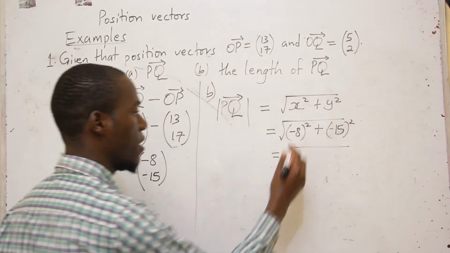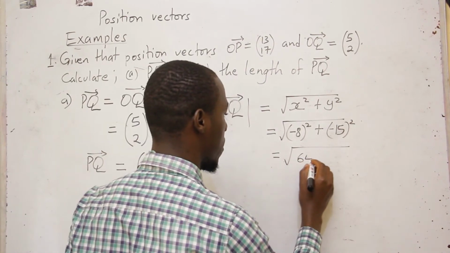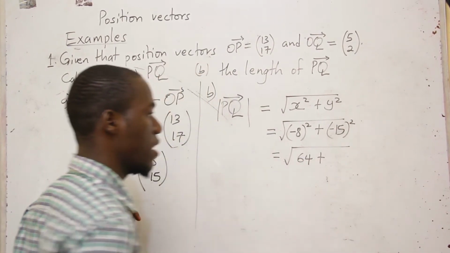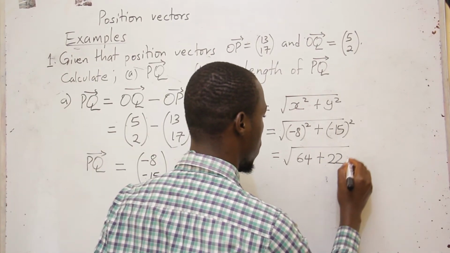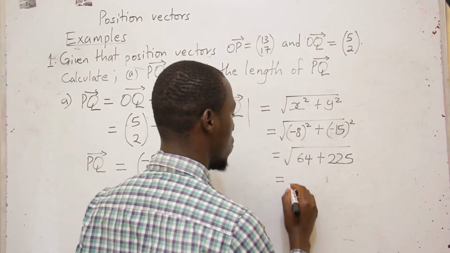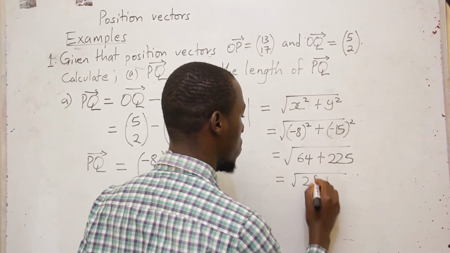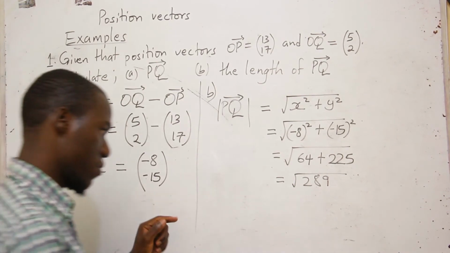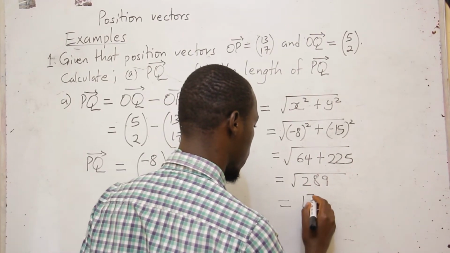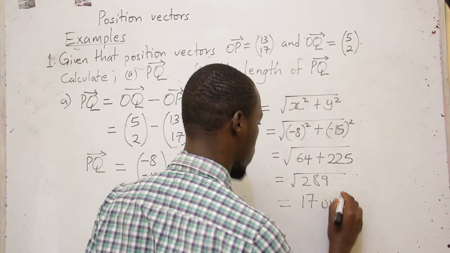When I square the 8, I get 64, plus when I square the 15, I get 225. When I add the 2, I get the square root of 289. When I get the square root, I'm going to get 17 units.